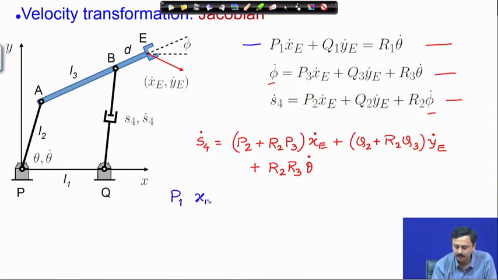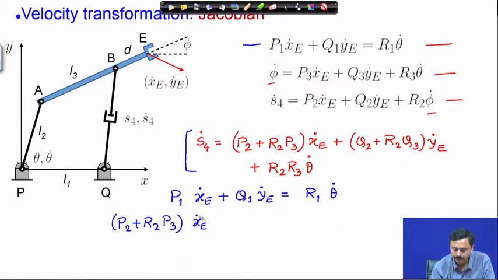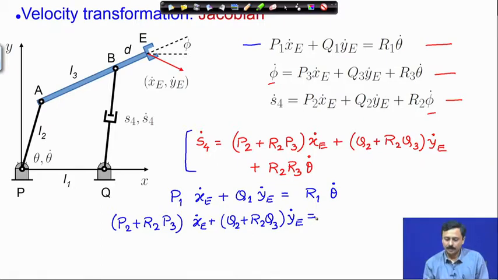So, P 1 x e dot plus q 1 y e dot is r 1 theta dot, and now I will write this equation after a little bit of manipulation as that is equal to minus of r 2 r 3 theta dot plus S 4 dot.